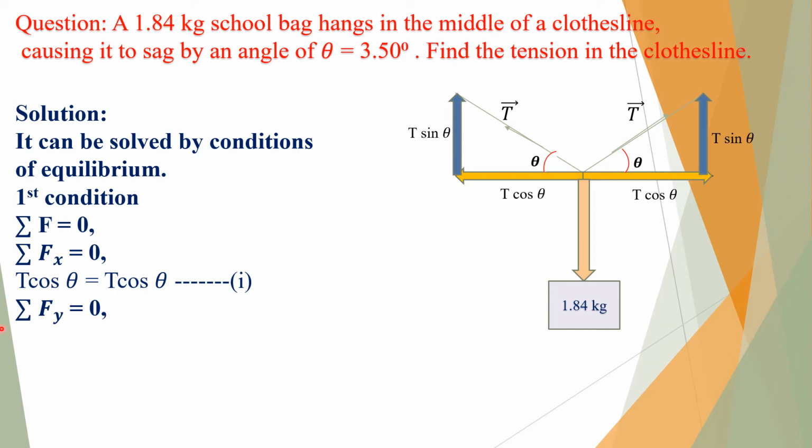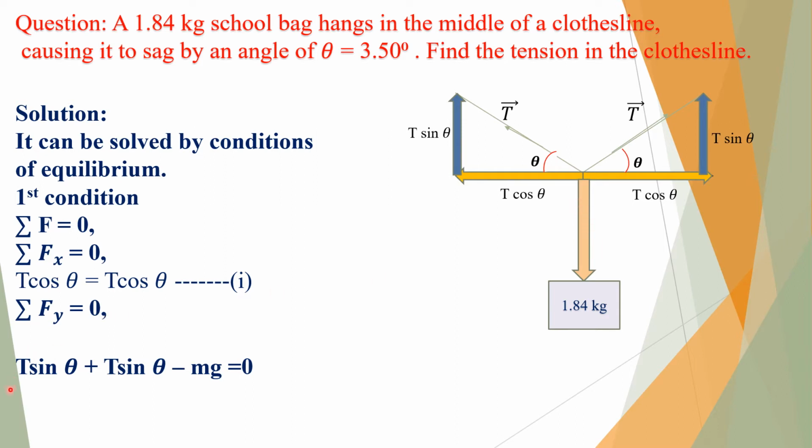Summation of forces along y-axis is equals to 0. Along y-axis we must have all the forces. Summation of all the forces is equals to 0. Along y-axis we have T sine theta in upward direction and T sine theta in upward direction, so they both must be same, having same sign, and weight of the body, that is mg, is downward along negative y-axis, so it must be opposite in sign.